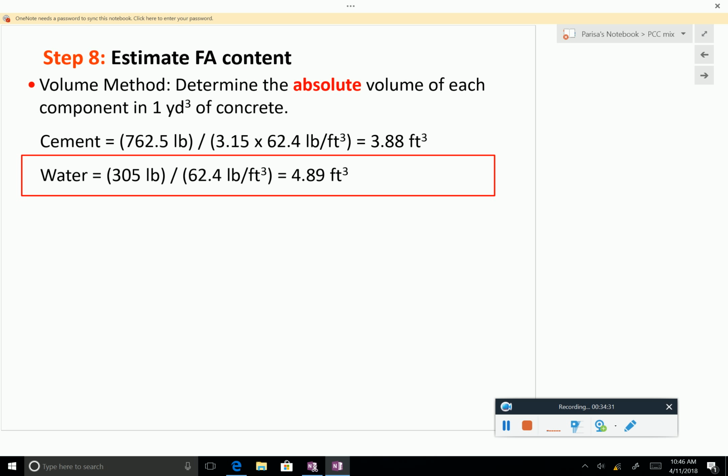And volume of air, don't forget, air doesn't have weight, but it has volume. At some point, we selected the air content. We know what the air content is. And you want to see how much of the 1 cubic yard is air.